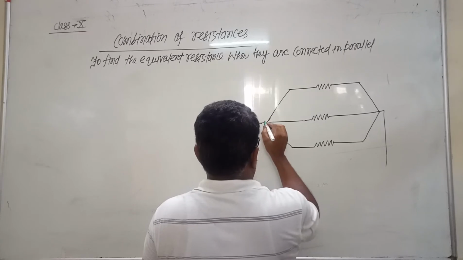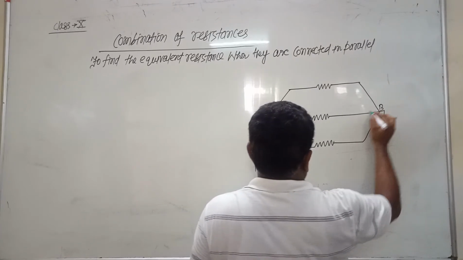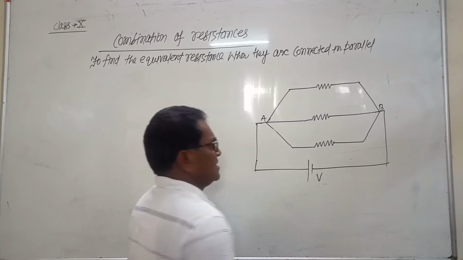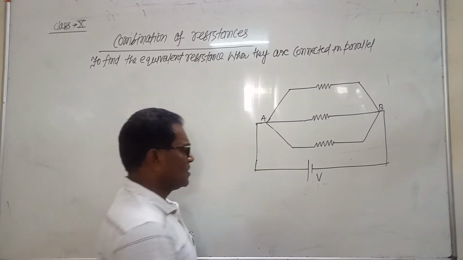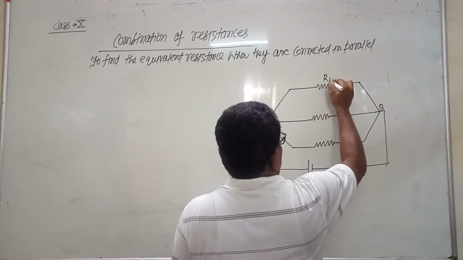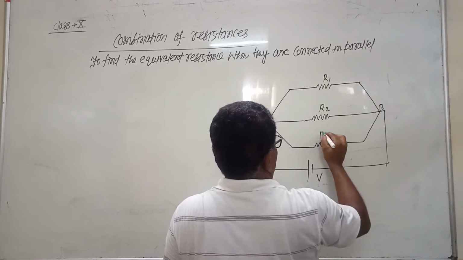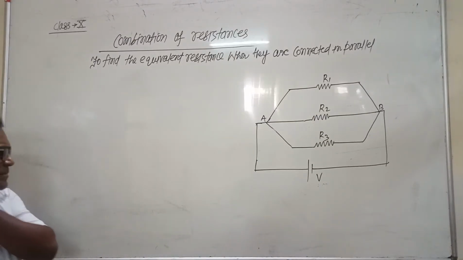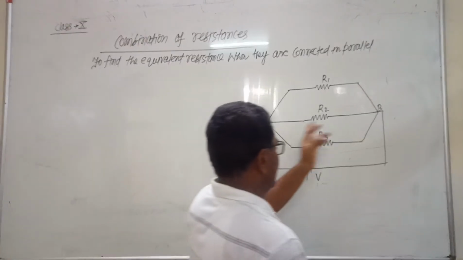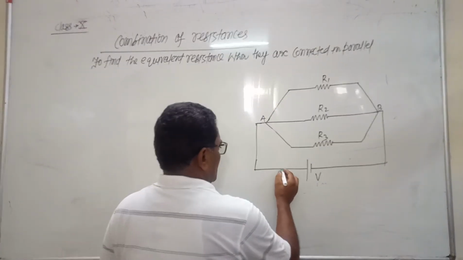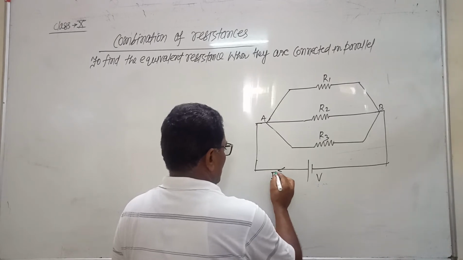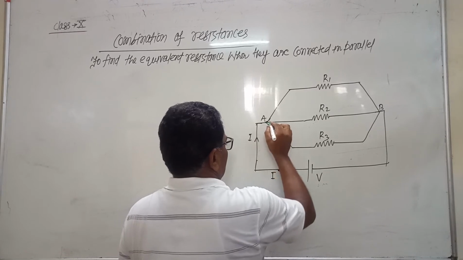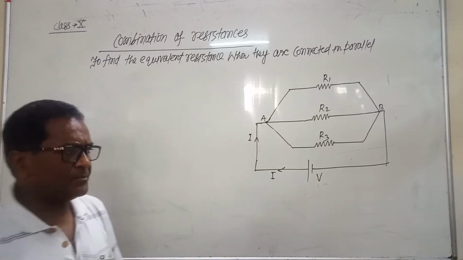There are 2 points A and B, and the potential difference between A and B is the same across resistances R1, R2, R3, which are connected in parallel between the same 2 points A and B. So when current I starts flowing, at point A there are 3 different paths.